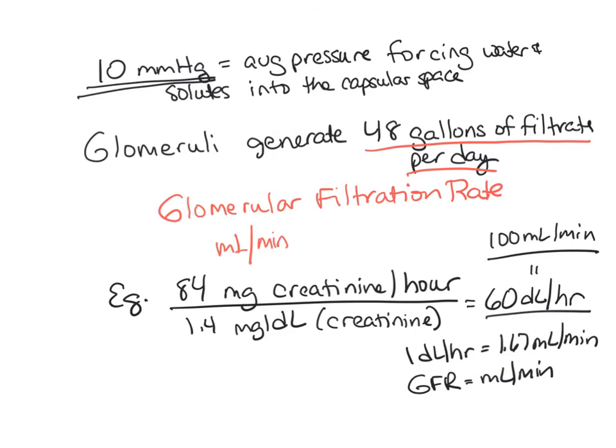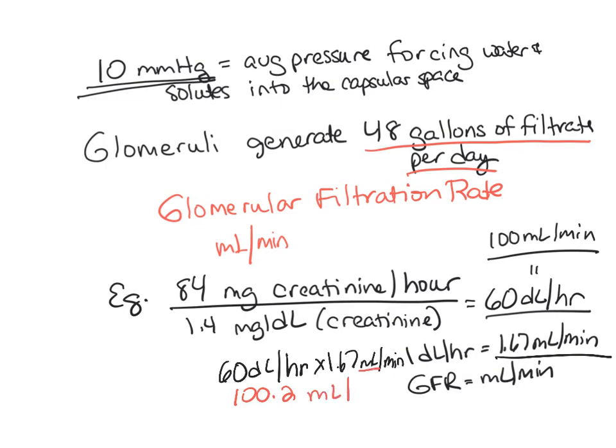You get this by multiplying the 60 deciliters per hour times the 1.67 mils per minute so that you can come up with the mils per minute. So in this case, you multiply 60 by 1.67 and you end up with 100.2 mils per minute.